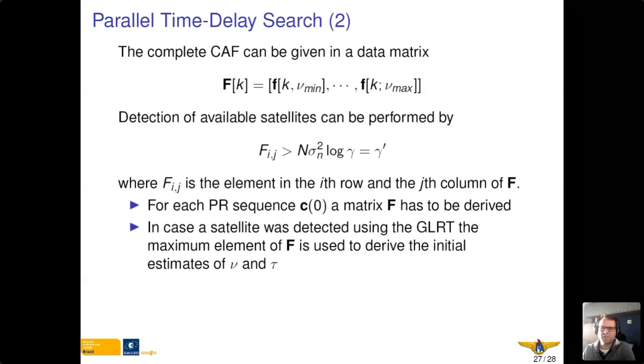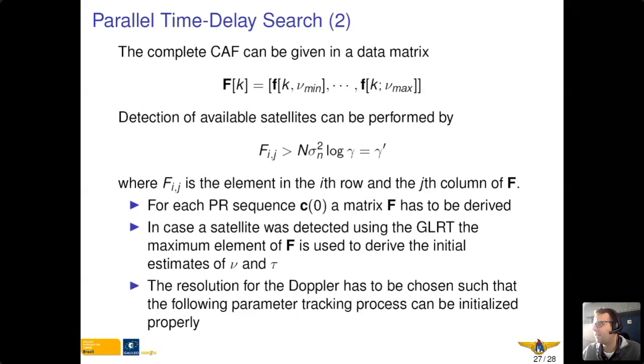So we have solved our detection problem and estimation problem with the generalized likelihood ratio test, implemented a parallel time delay search using the DFT to calculate the circular cross correlation, and the resolution for the Doppler has to be chosen such that the following parameter tracking process can be initialized properly.